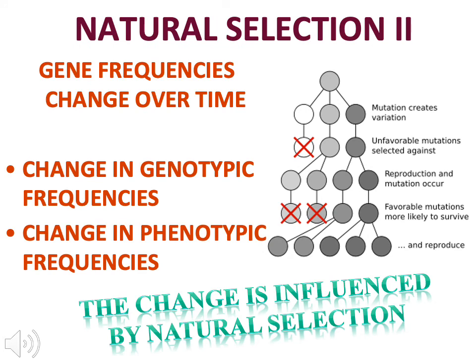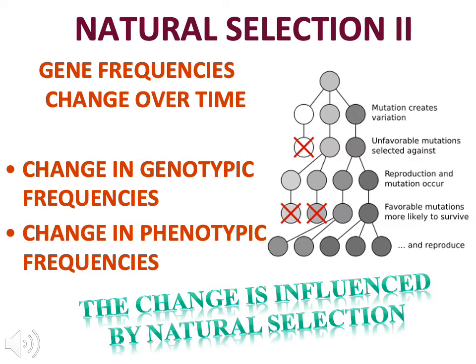So the basic idea is, with this filtering process going on, gene frequencies in the population are going to change over time. So if I've got changes in genes, or more specifically changes in alleles, that's going to change genotypic frequencies, that is, the genetic composition of the population. And that can also influence phenotypic frequencies.